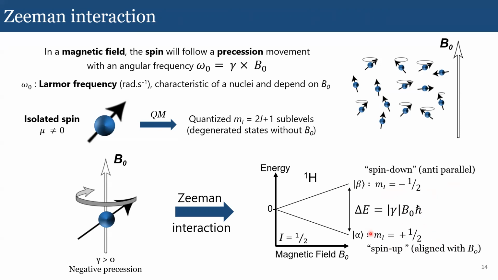When you are in the alpha state, the spin is aligned with the magnetic field, and that's called the spin up state. In the beta state, that's the reverse: you are anti-parallel, your spin points down, and that's why we call it spin down.